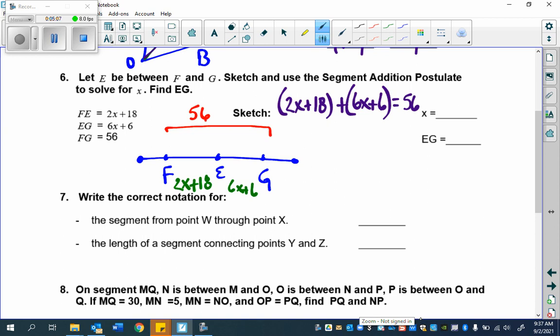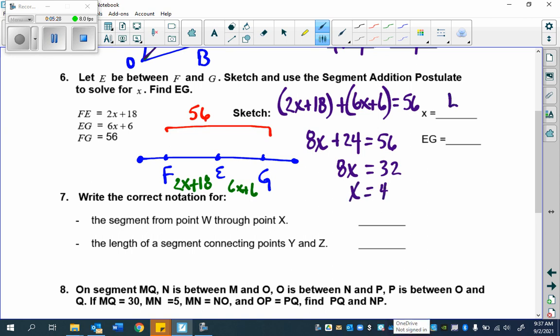So when I solve my equation, I'm going to combine like terms. 8x plus 24 is equal to 56. I'm going to subtract 24 from each side, which gives me 8x is equal to 32. I'm going to divide each side by 8, and I get a value of 4 for x.